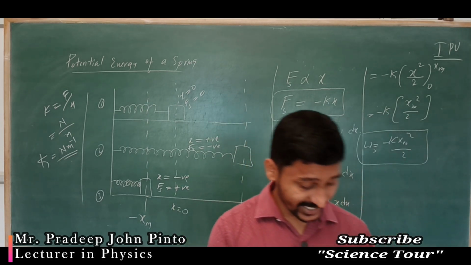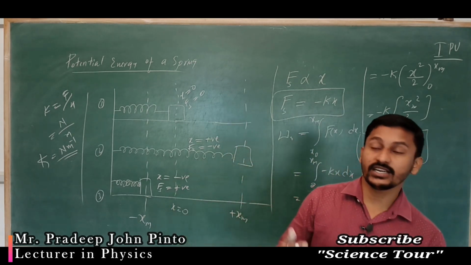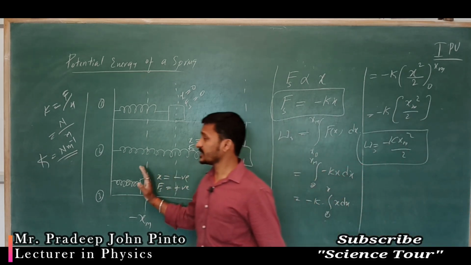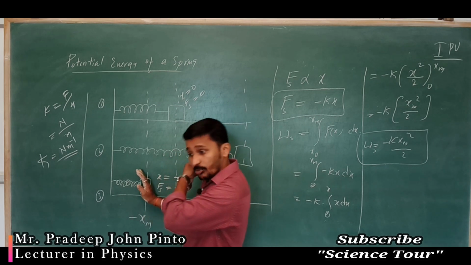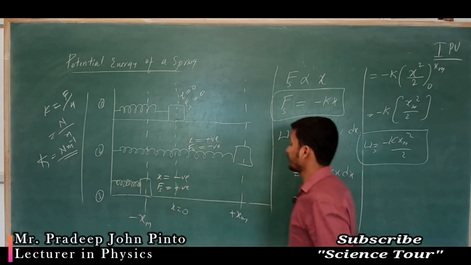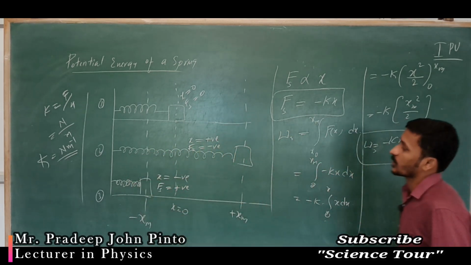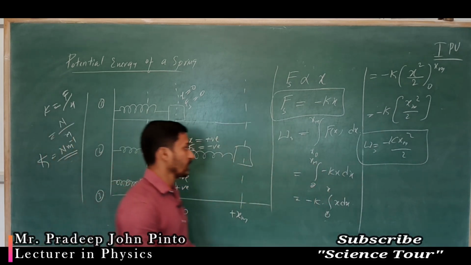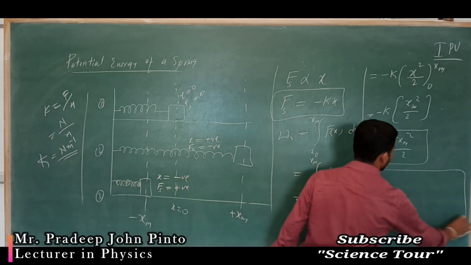Then what is the potential energy? What is the work done by the external force? I am going to compress it, the spring force will be in the opposite direction, and the work done by the spring force is this. But what is the work done by me? That is positive. But the work done by the external force, this is not.